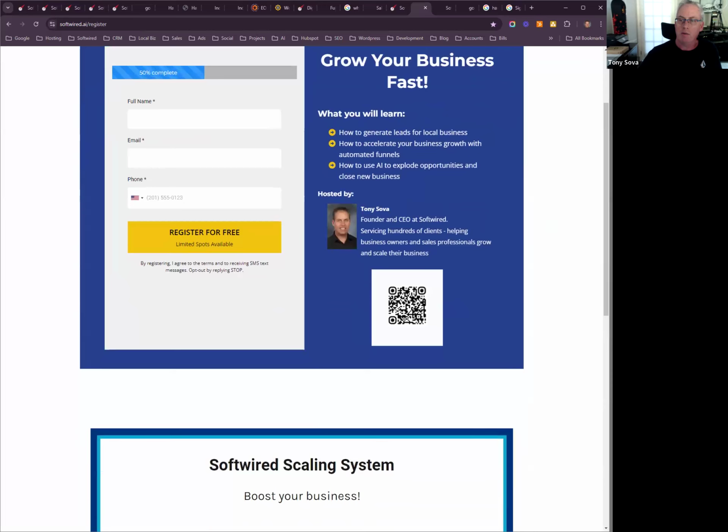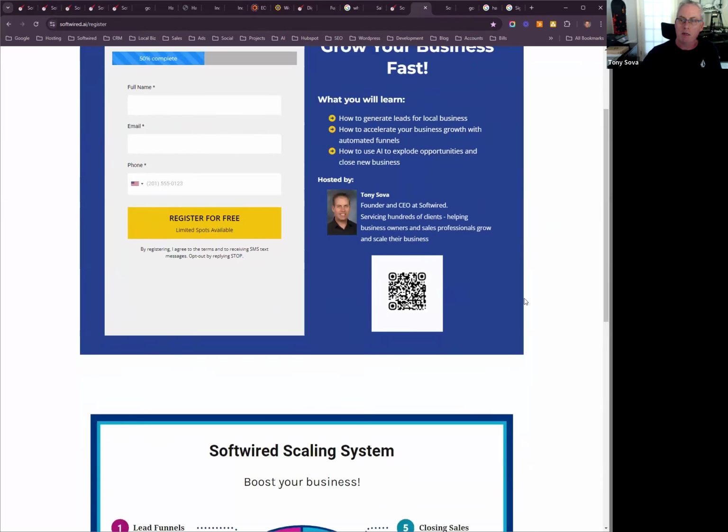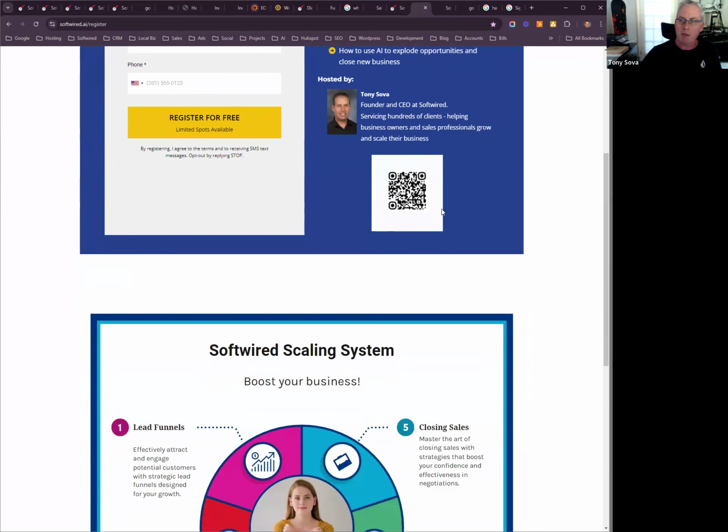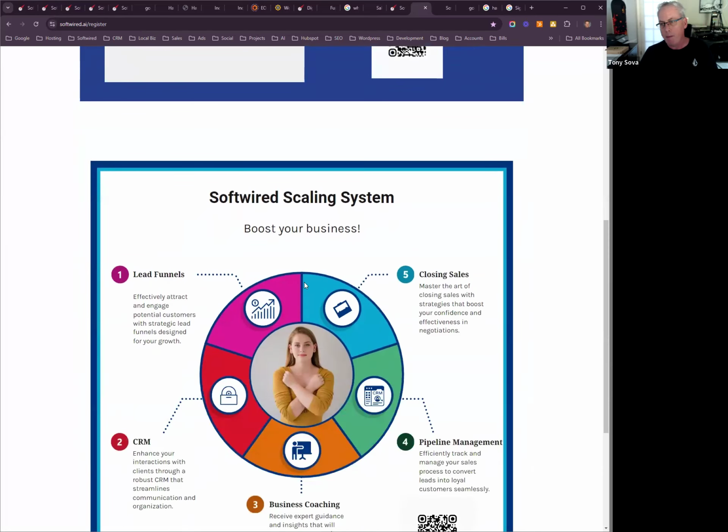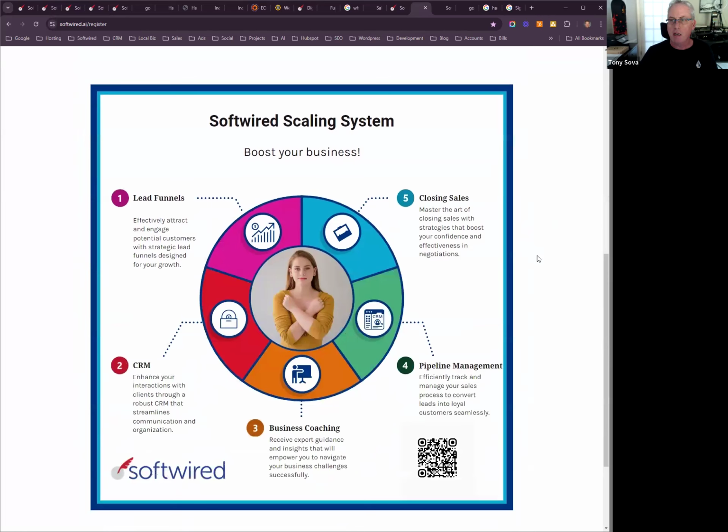Somebody can take their phone out and take a picture of this QR code. And also we have our infographic on the scaling system and all the steps and how they feed into each other.